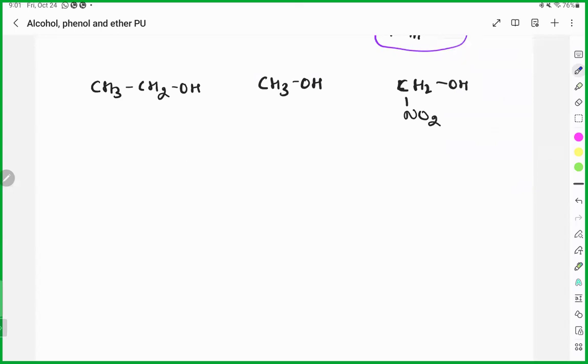Chinmay, what is the answer? So first methanol. Okay. Here you will not talk about resonance effect, only inductive effect. Plus I, minus I. The middle one is normal.